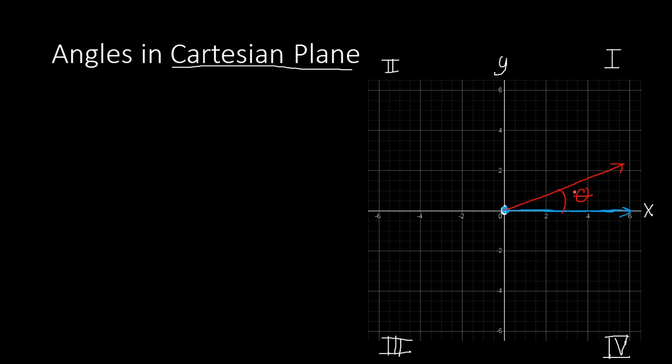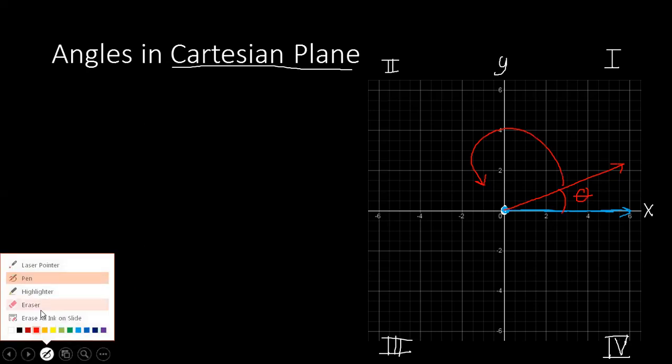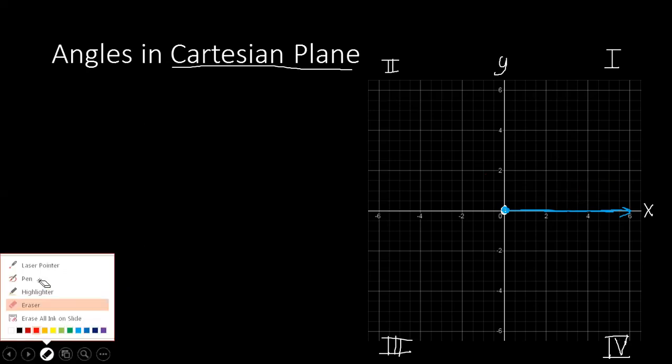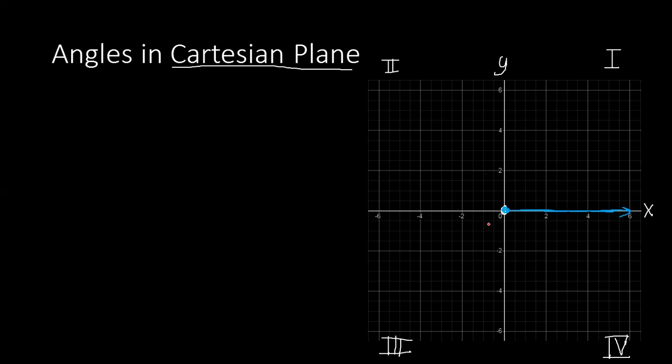What if the terminal side rotates in a counterclockwise direction, like basically going outwards? If the terminal side rotates counterclockwise, expect that the angle is positive.